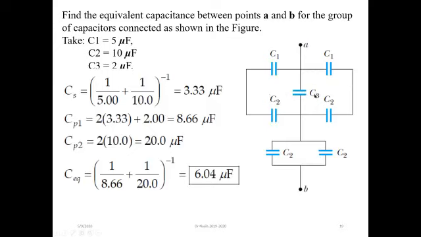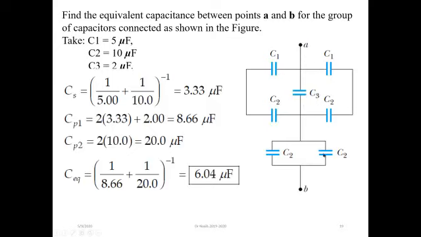For parallel connection, we just add them algebraically: 2 times 3.33 and just 2 microfarad. Adding all of them together gives 8.66 for the upper part of the circuit.